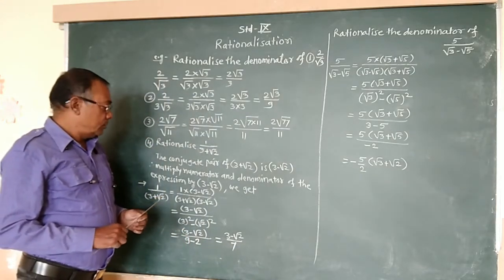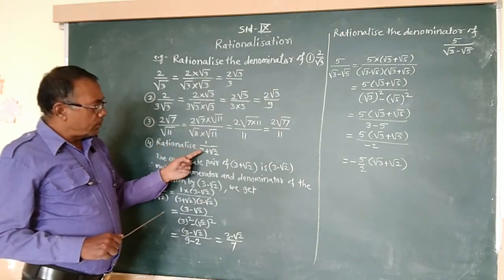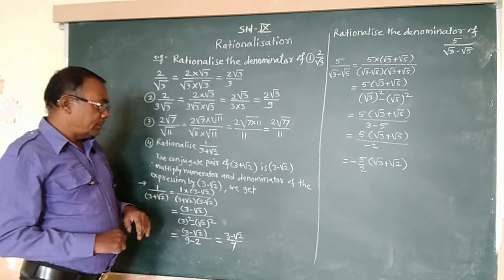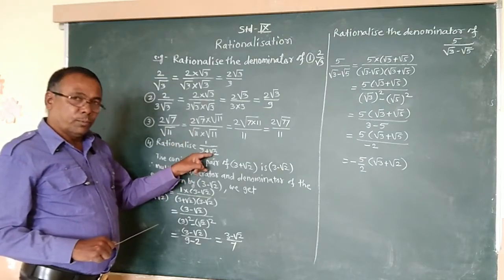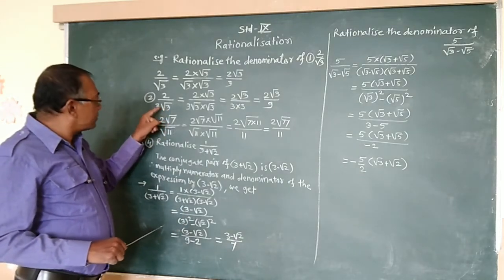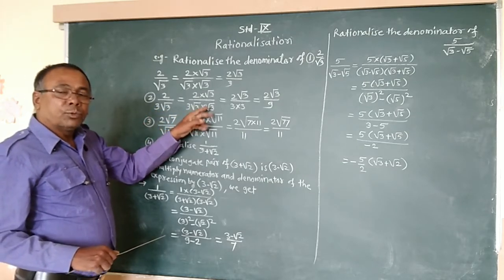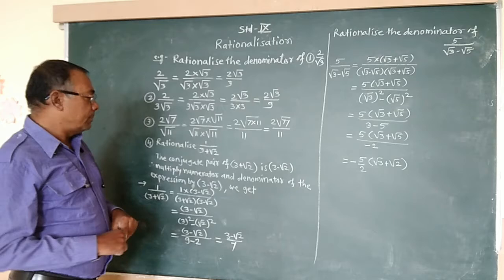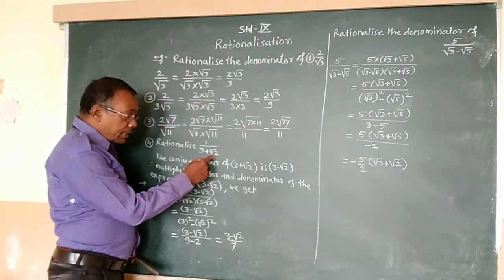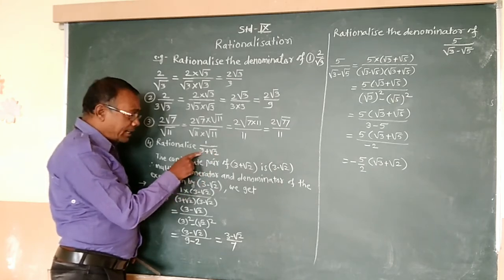Now there is one more example: rationalize the denominator of 1 upon 3 plus root 2. Now mind well that there is not only root 2. Earlier, with 3 and root 3 there was a multiplication sign, so we took only root 3 to rationalize the denominator. But here there is addition of an irrational number with a rational number, that is, addition or subtraction.